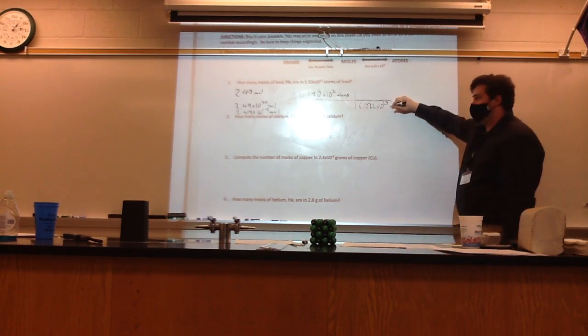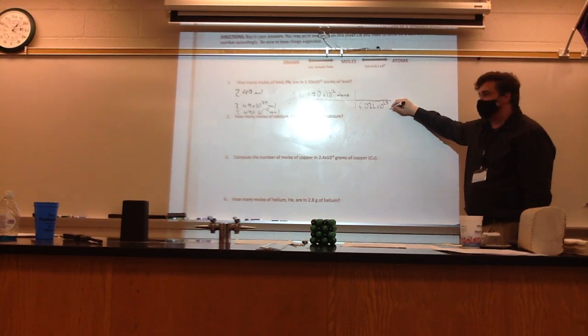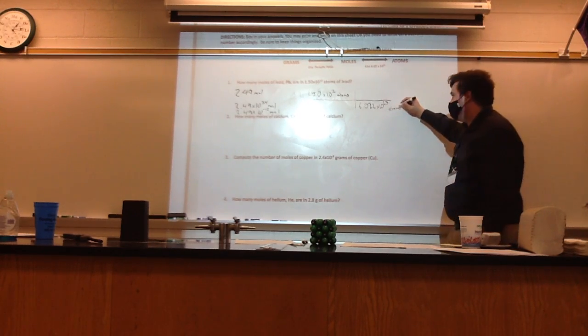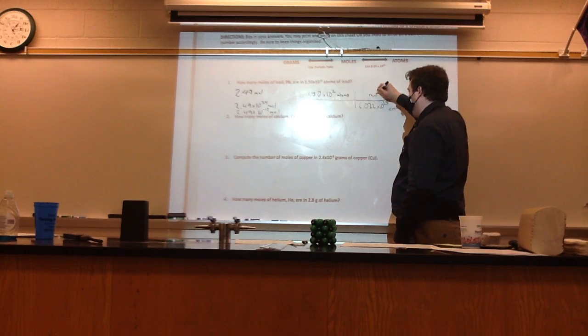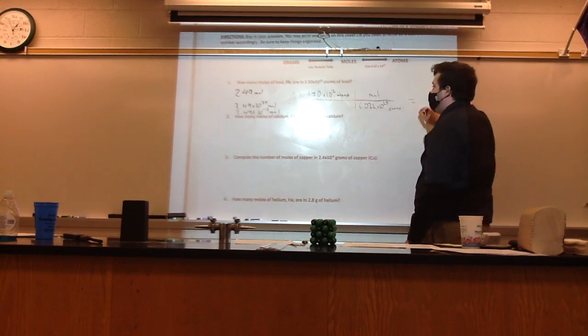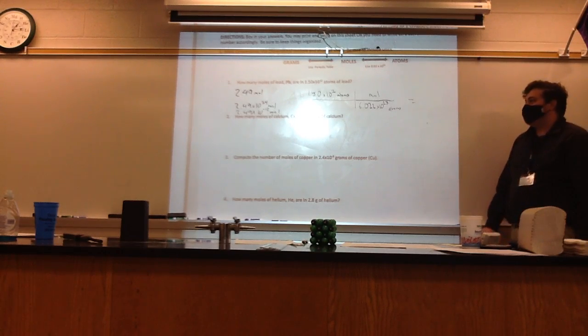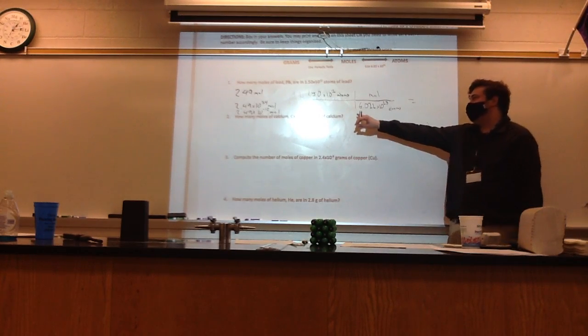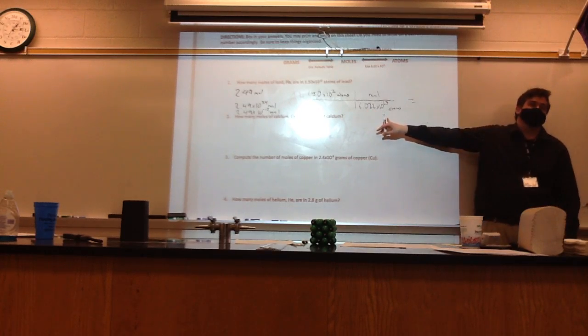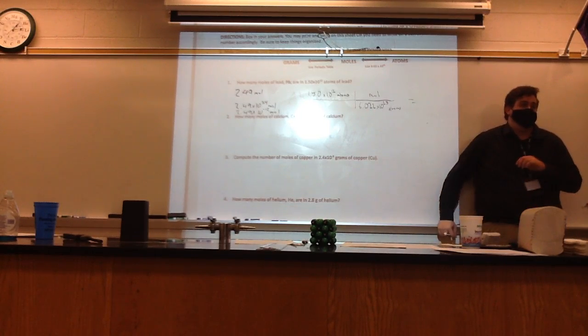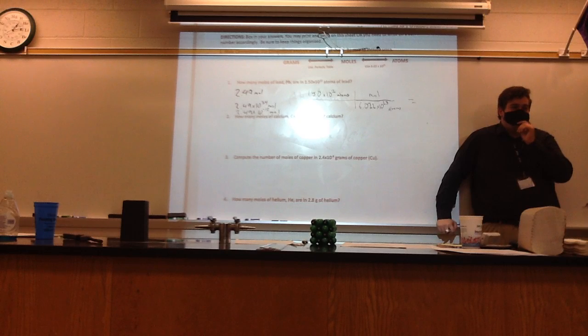And then you put atoms on the bottom here, right? Yes. And moles on top. So this setup is right, but if you're dividing 10 to the 12th by 10 to the 23rd, are we just going to get 2.49? No, I got a really big long number.